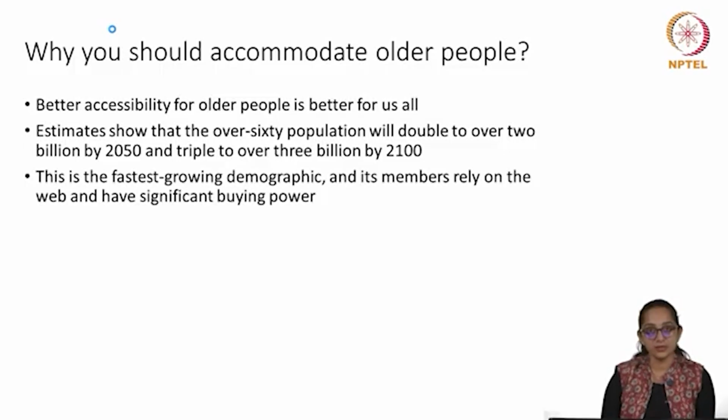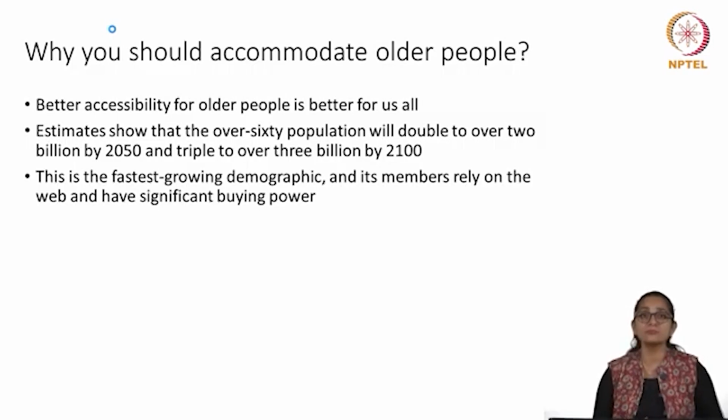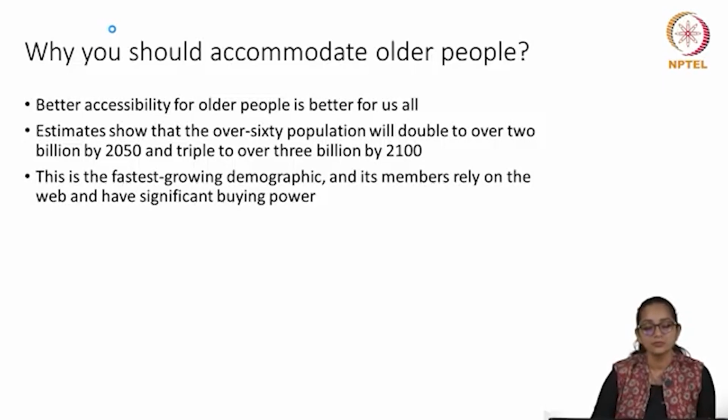This is the fastest growing demographic globally, and it is not possible to ignore it any further, and its members rely more on ICT products, because to some extent the social aspect or physical navigation becomes even more hindered by the time you cross that 60 mark.